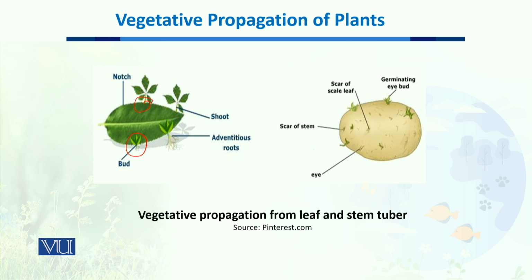And same, you can see here that potatoes, which have certain parts known as the eyes, can also be used for the vegetative propagation of potato plants.